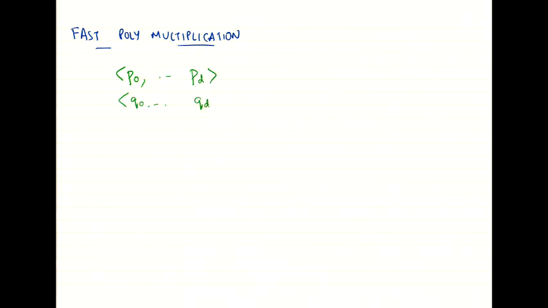These are two polynomials, p and q. What you do is you convert them into the other representation, which is its evaluations. So you somehow obtain evaluations of these polynomials.